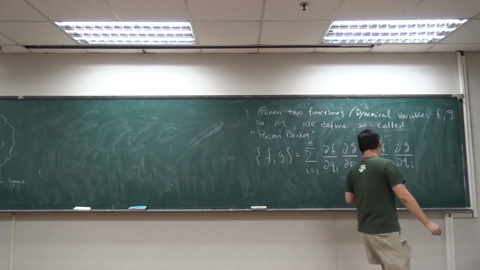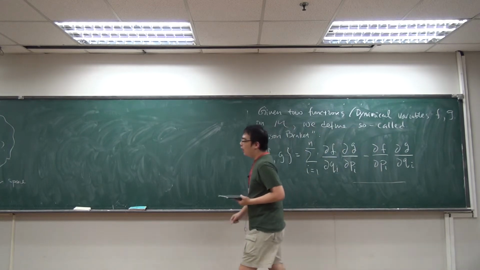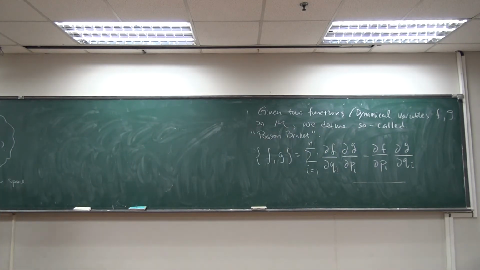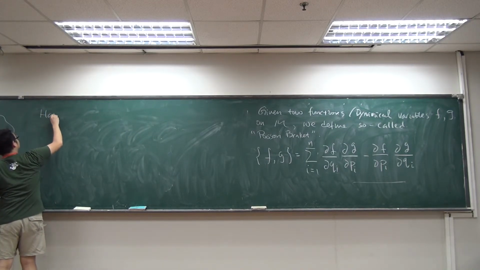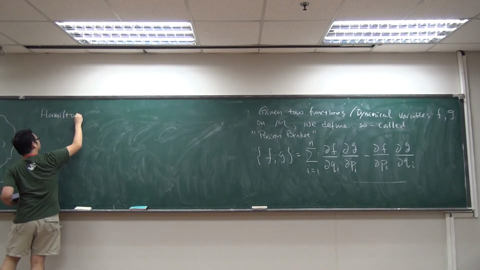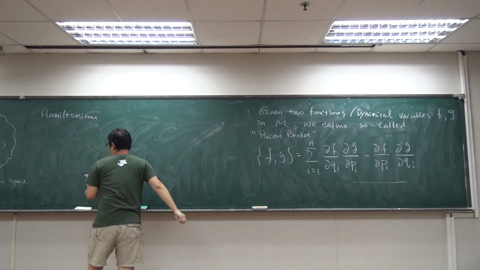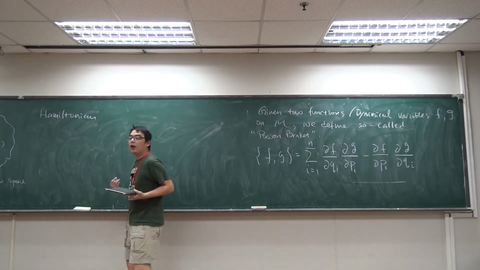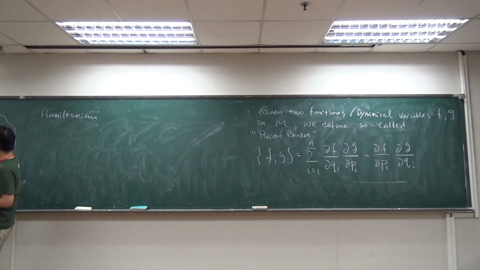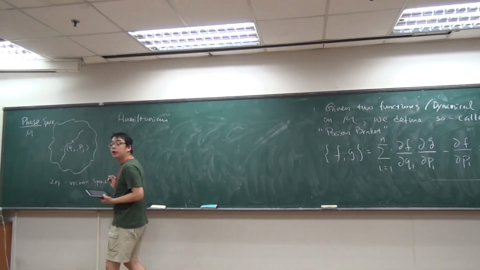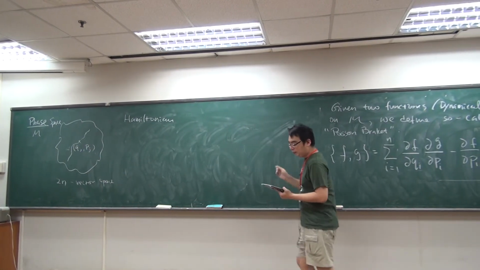Okay, so there's a very important function which lives on the phase space. That's something called the Hamiltonian, which basically governs the time evolution of your entire dynamical system. It tells you how the trajectory should move along in the phase space.